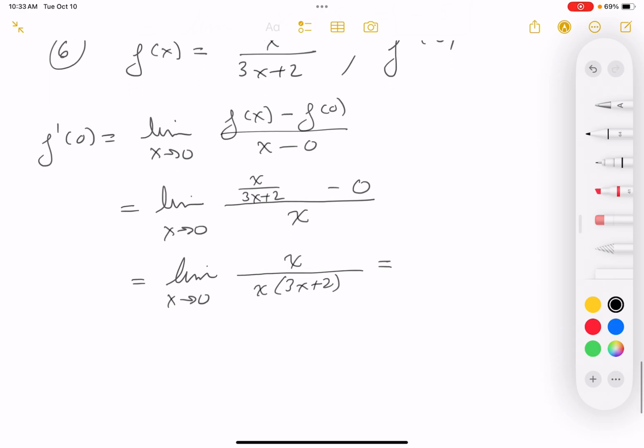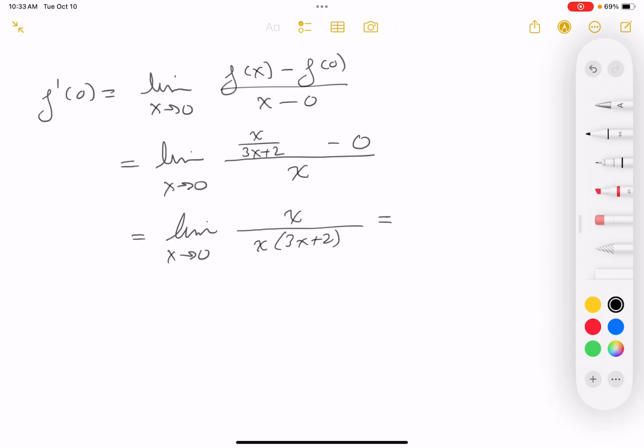I know we're going towards 0, but we're not going to touch it. So this really cancels off. Let me get my eraser out again. So it's going to be the limit as x goes to 0 of 1 over 3x plus 2. This will be 1 because x is not 0, by the way. What happens when x goes towards 0? Limit laws give us a half. All right? So that one's okay. I guess we're on problem number 7 now.